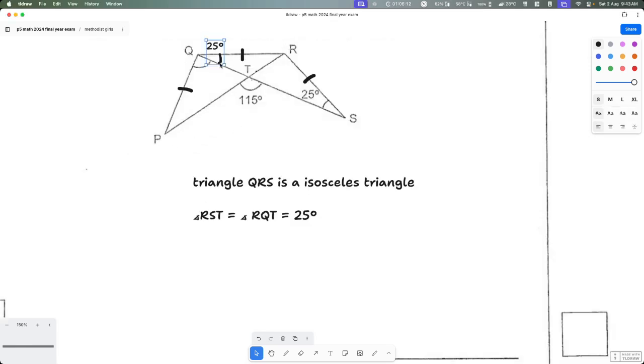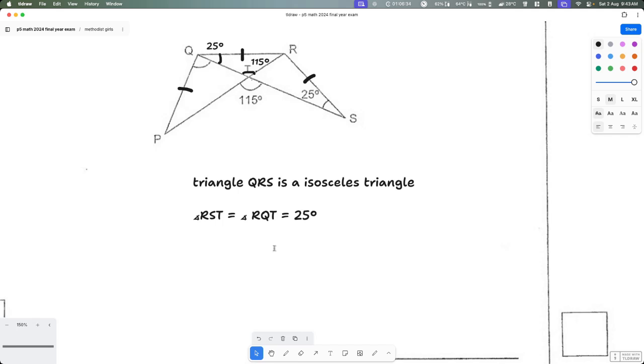All right, since we know this is 25 degrees, then the next thing is, we also know that this here is also 115. So what I'm going to do is draw here. So this angle is 115. So over here is 115, right?